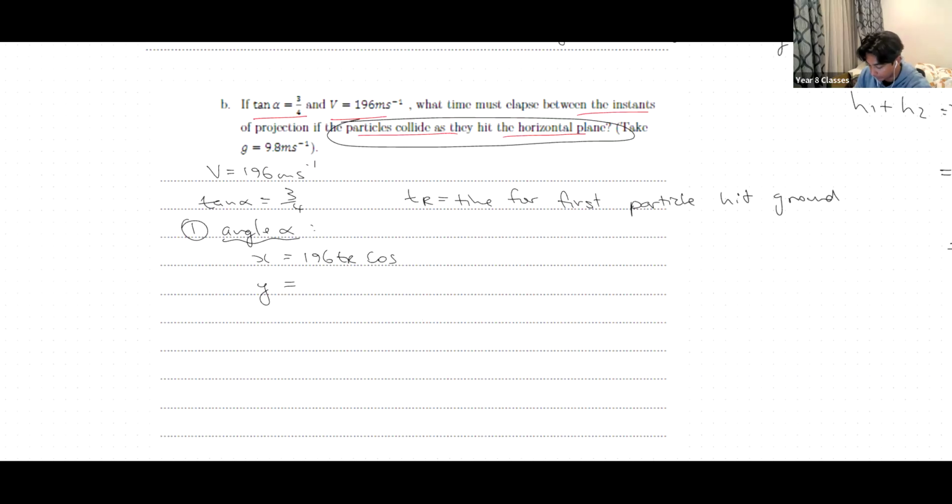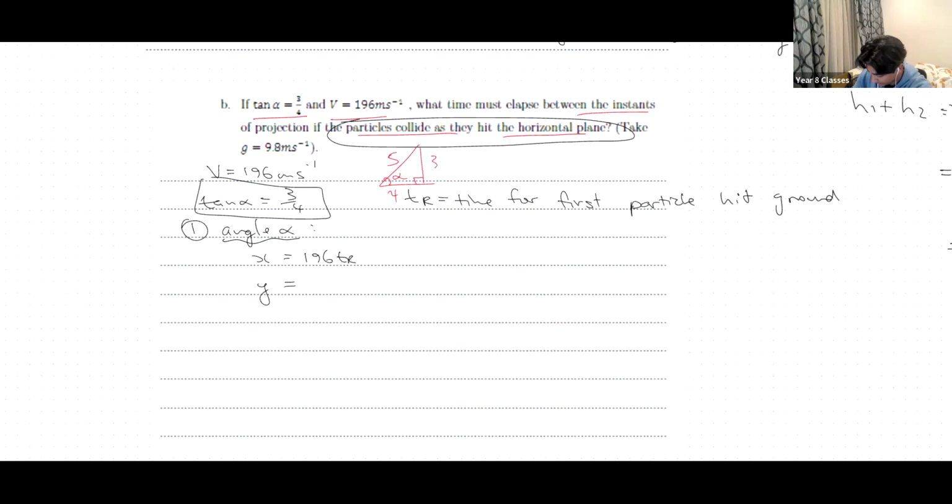Now, is there a way to use this to find what cos alpha is? Is it just 4 on 5? Yeah, it should be, because if you sketch it like this, it should be 4 on 5. So we'll just write it in as 4 on 5 and simplify it in the next step.